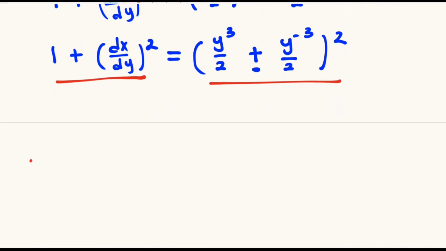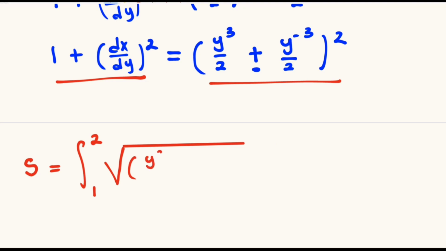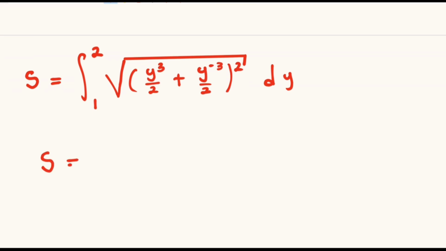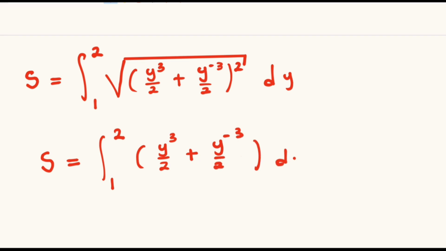So now we have the length denoted by s as equal to the integral from 1 to 2 of the square root of (y to the power 3 divided by 2 plus y to the power negative 3 divided by 2) squared multiplied by dy, and our s will be equal to the integral from 1 to 2 of, so the square and the square root will cancel out and we'll be left with y to the power 3 divided by 2 plus y to the power negative 3 divided by 2 dy.